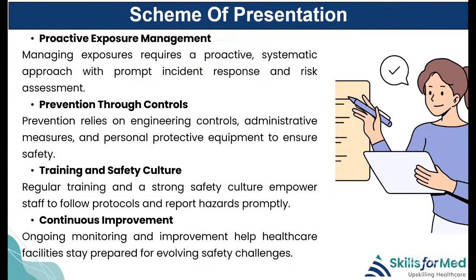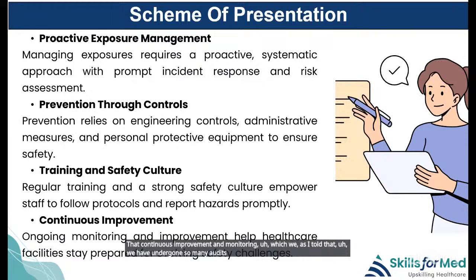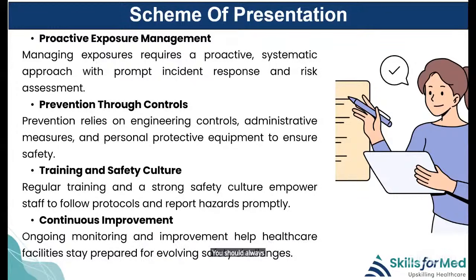For continuous improvement and monitoring, as I told, we have undergone so many audits, and we have come across some findings. So for continuous improvement, you should always go for audits and facility checks.